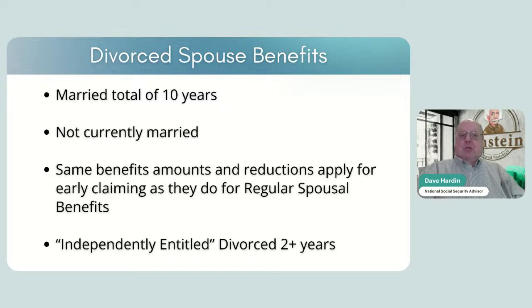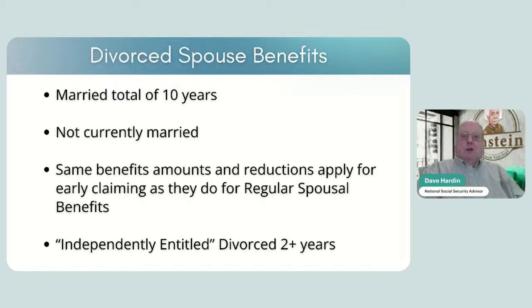Same benefit amounts and reductions apply for early claiming as they do for regular spousal benefits. So there's no difference. A spousal benefit and a divorced spouse benefit are absolutely equal in every way, with one exception. It's actually pretty big. I've been married 49 years this year.